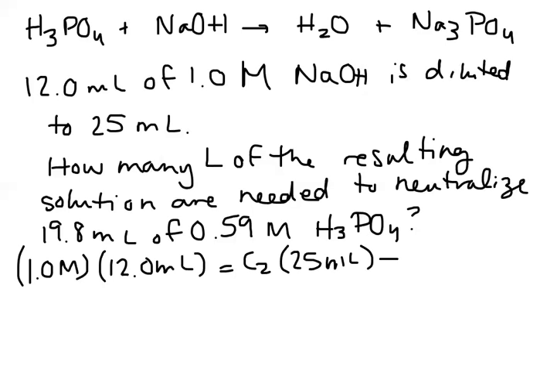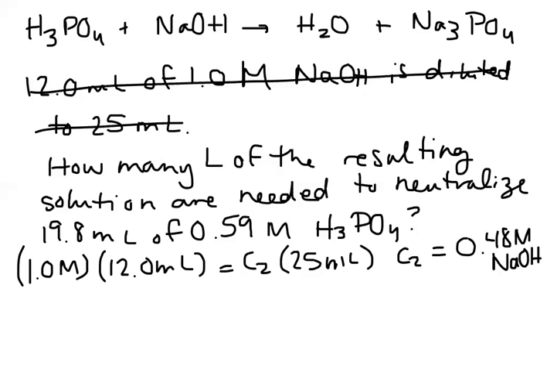You should get a C2 of 0.48 molar NaOH. That's the resulting solution. Okay? So now you're done with this. If it helps, cross out that sentence so you know you're done with that part of the calculation.